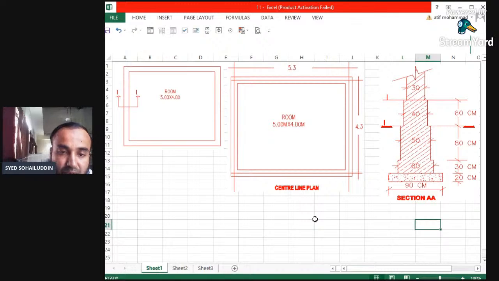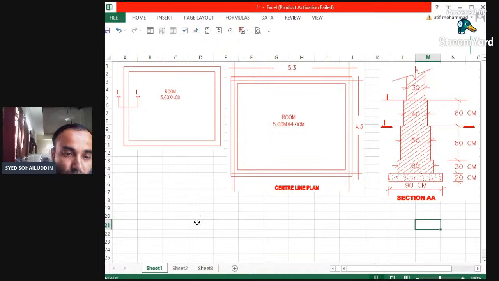Once we have added for the long wall, there will be subtraction for the short wall. Why? Because if we add in both, there will be multiple additions and more deductions will be needed. So these two formulas are very important.